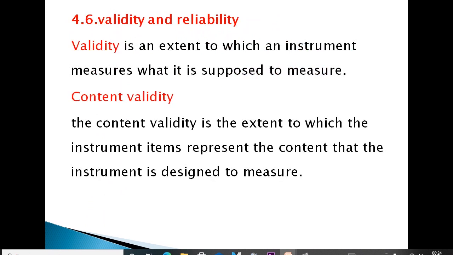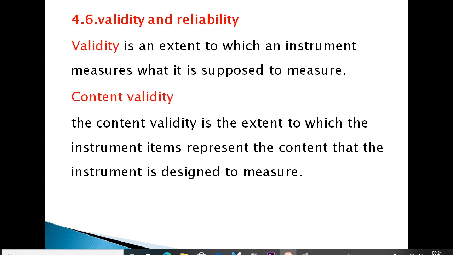So after presenting the types of data collection technique, the researcher highlights the validity and the reliability of data collection tools. When we talk about validity, it's the extent to which an instrument measures what it is supposed to measure.